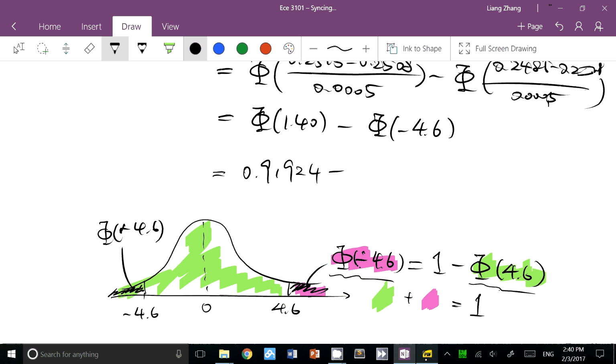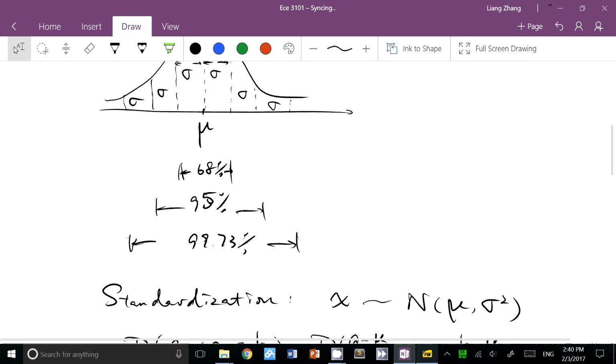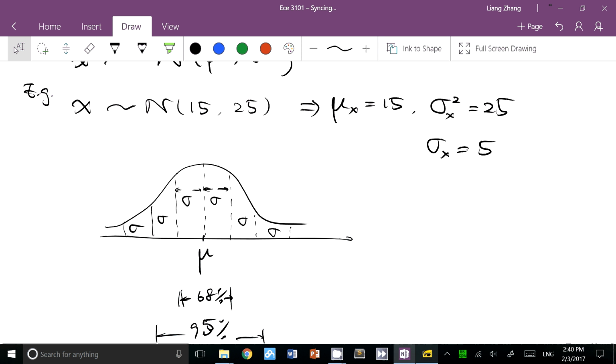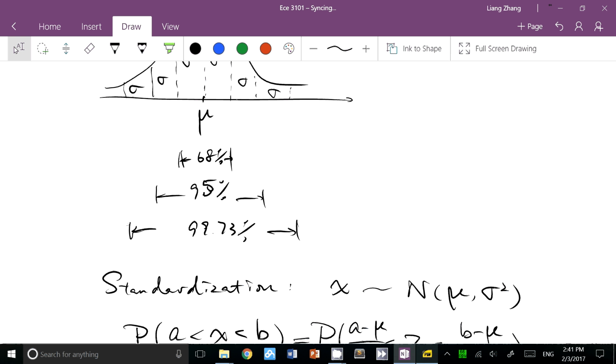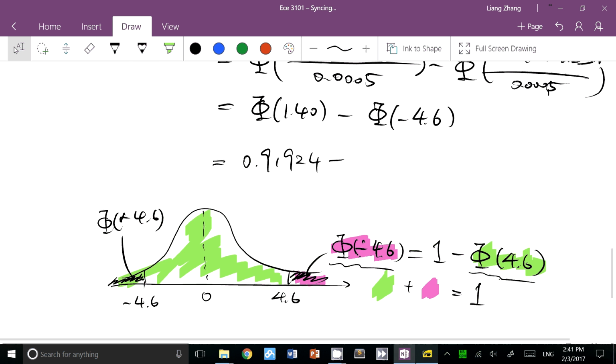So 4.6 is already more than 4 standard deviations away from the center. According to our earlier discussion, since the majority of the points will be within 3 sigma plus and minus, and you are at 4.6, you're already beyond the majority of the points, so that will give this guy close to 1. And when you take the difference, this guy will be close to 0.